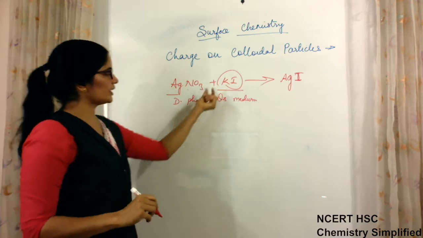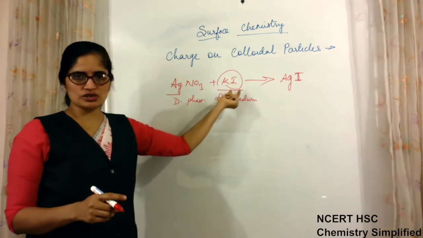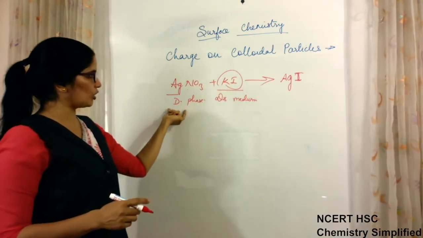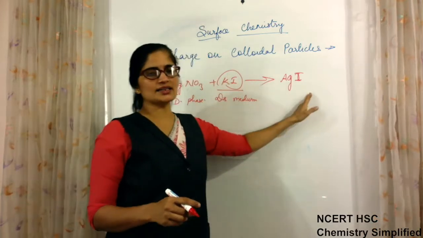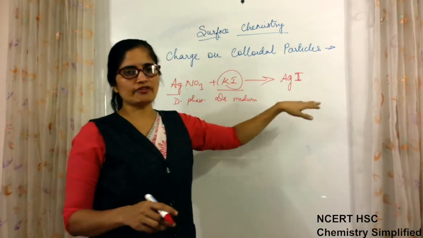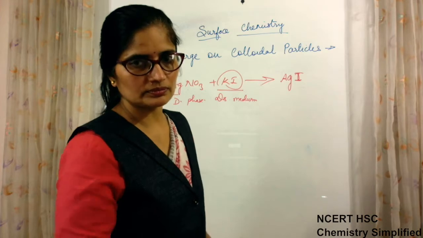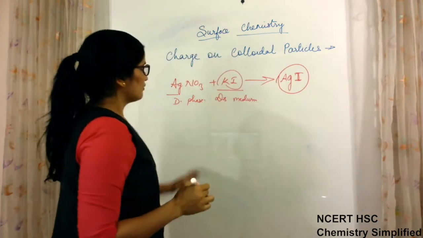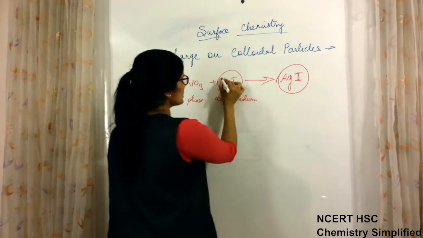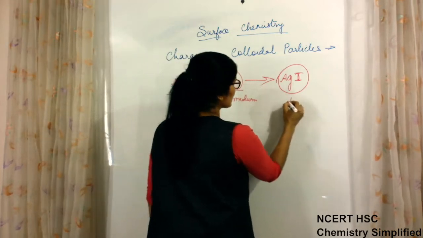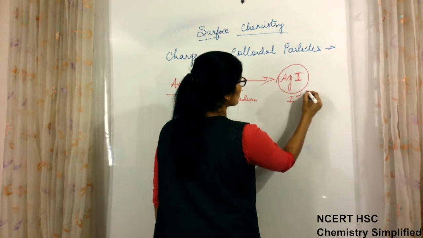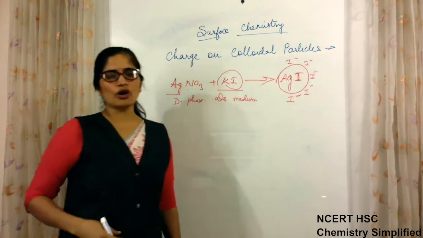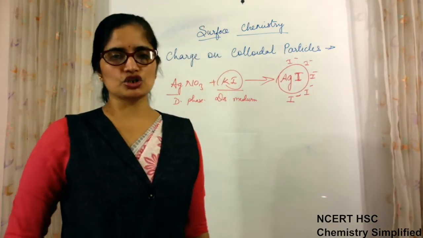Now when KI is the dispersion medium, it is used in large quantity, and this is used in small quantity. AgI is the colloidal size particle formed. When this colloidal size particle is formed, which charge will it acquire? Because this is in more quantity, this iodide, I negative, is adsorbed and the sol formed is a negatively charged sol.